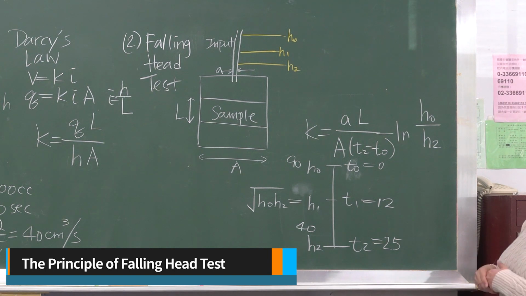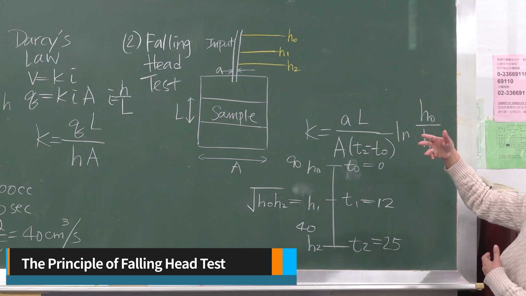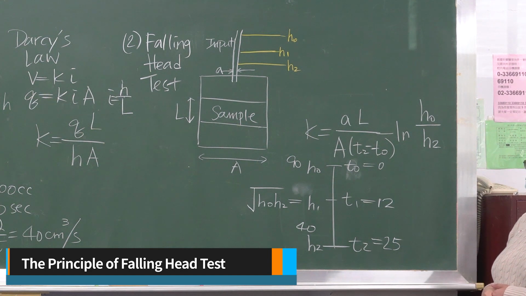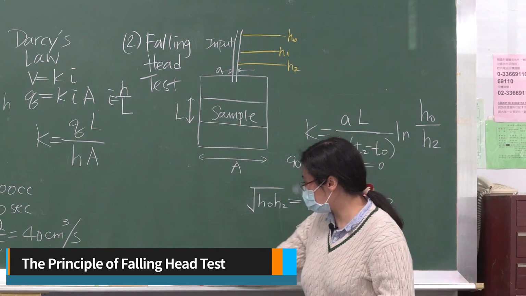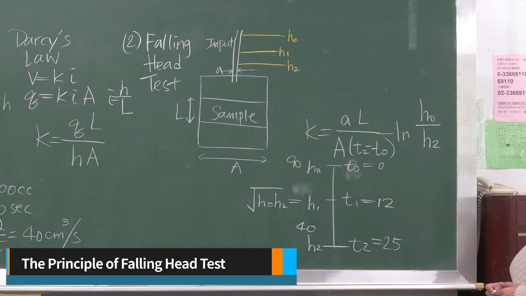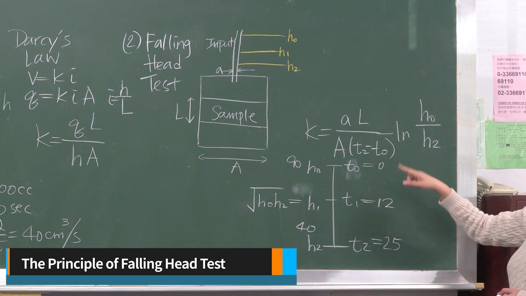A moment ago, I told you that it may not be easy to obtain reliable data because there may be an error in the measurement of the head and the corresponding time. So for this test, we have a certain standard when it comes to the determination of T0 and T2.